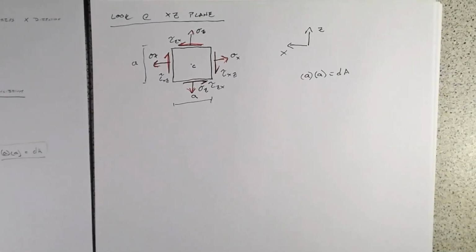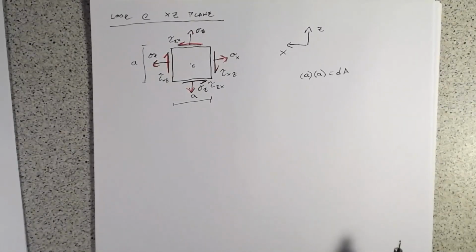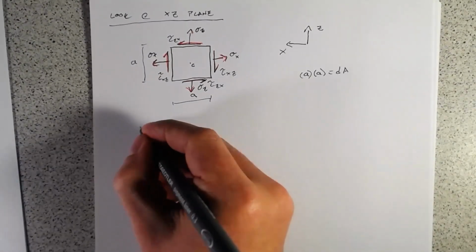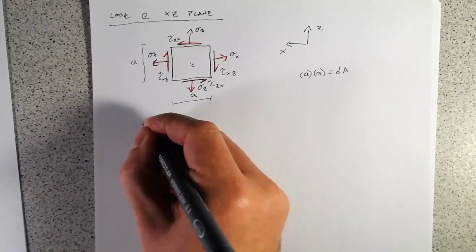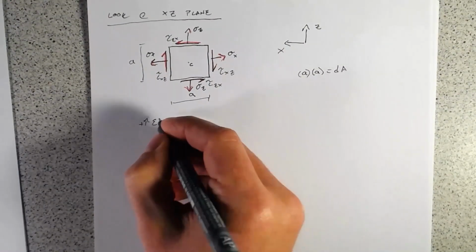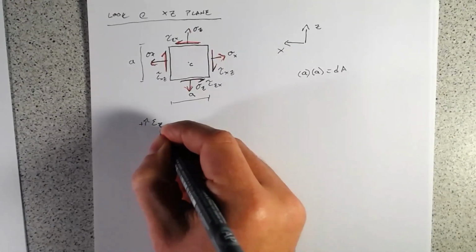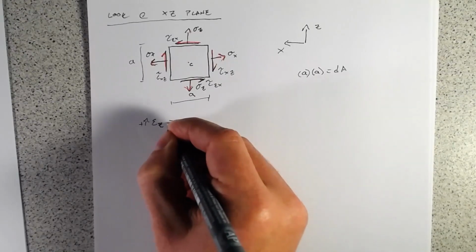All right, we want to find out the relationship between all of these stresses at this point, and we'll work through some really straightforward equilibrium. The first thing we want to do is sum the forces in the Z direction, and that equals 0.